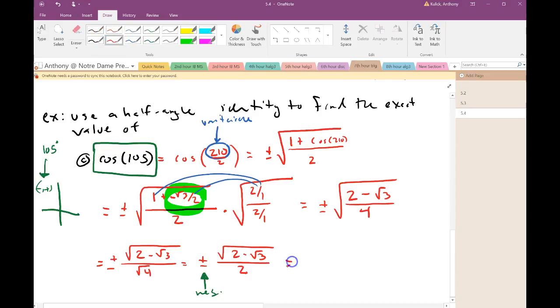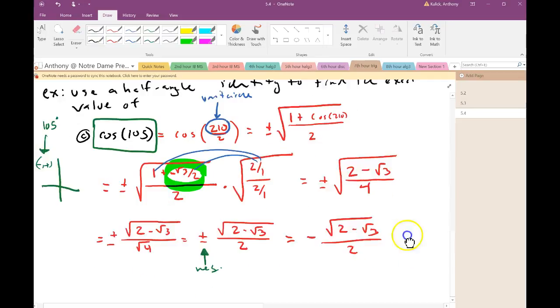My final answer will be negative square root of 2 minus square root of 3, over 2. It's no big deal. Remember the square root of 3 is just a number, so it's okay. You happy with that?